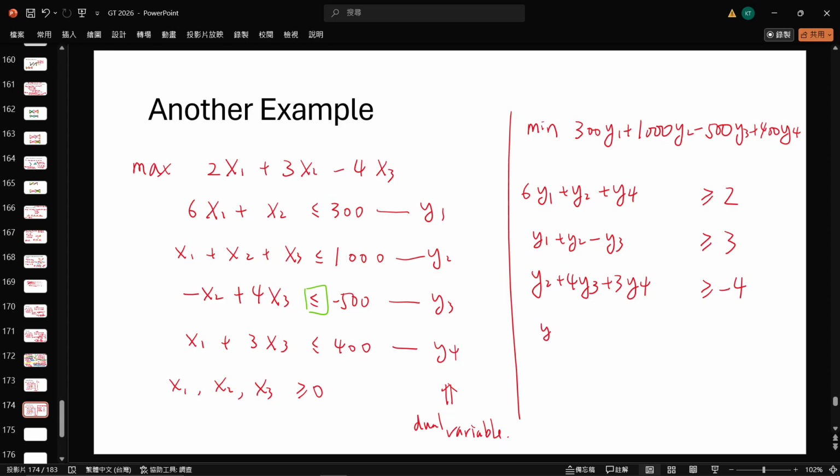And finally, all these dual variables cannot be negative, so at least 0.